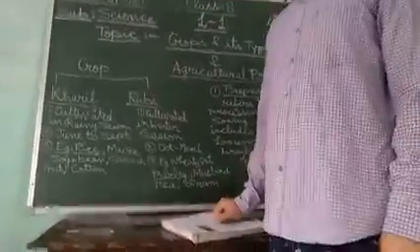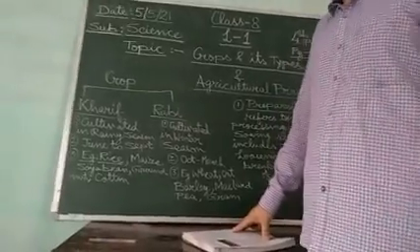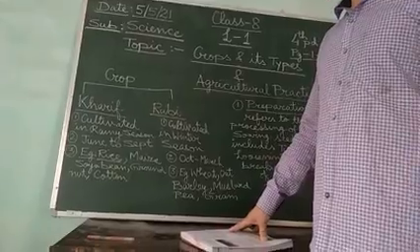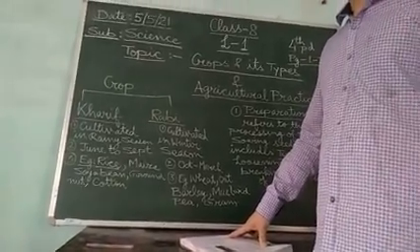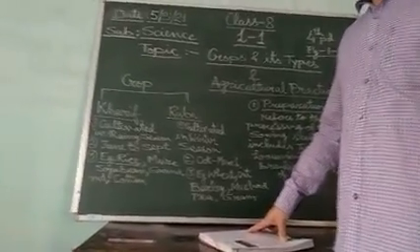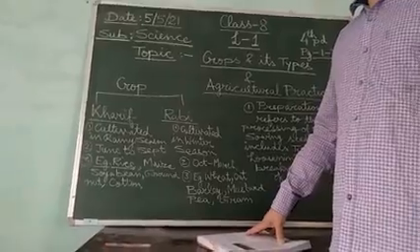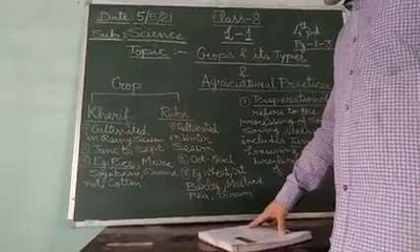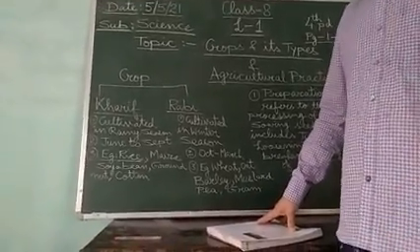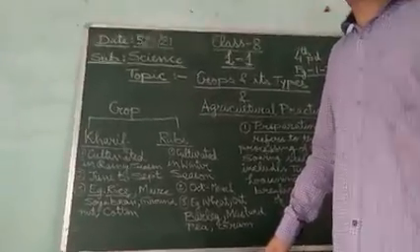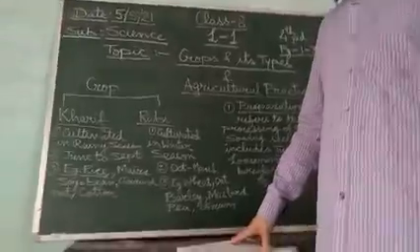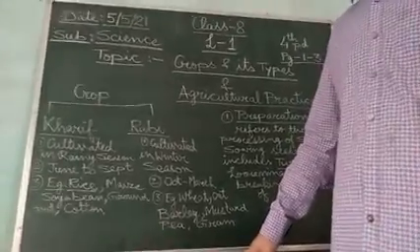The first climatic condition is the temperature. Second is the amount of rainfall taking place in that region. Third important thing is the humidity, how much moisture is present in the atmosphere of that place or region where the farmer wants to cultivate the crops.